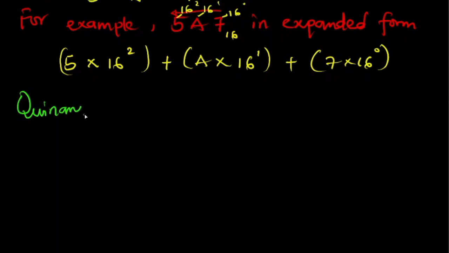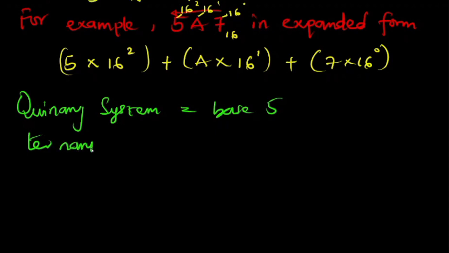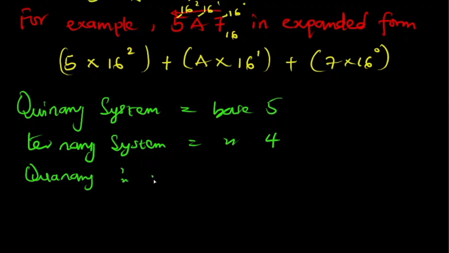The quinary system is the base 5 system. We have the ternary system. Ternary system is base 4. We have the quaternary, like from the word quarter, quadruplets. Quaternary system is base, hey, I made a mistake here.